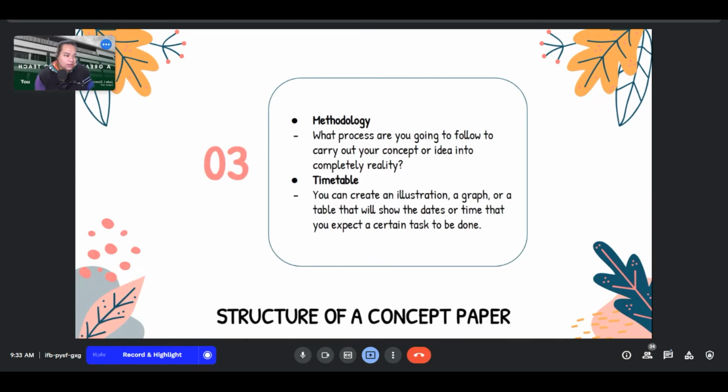Okay? Next, timetable. So, dito, we can use a graph. Okay? Pwede po tayong gumamit ng graphic organizers, timeline. This can show the dates and tasks and things that are expected to be done. And of course, when they are expected to be done.